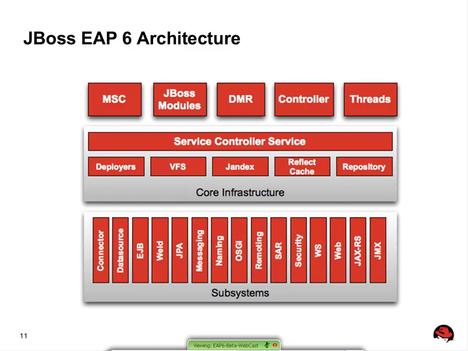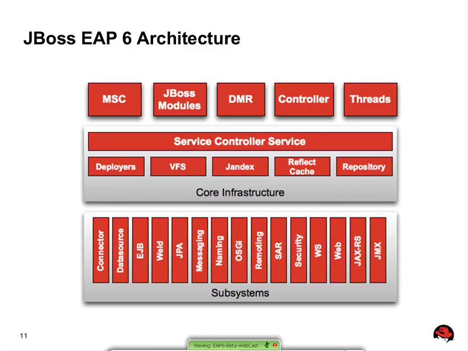We have a new module system, JBoss Modules, which is a very, very powerful non-hierarchical module system. It provides extremely good isolation for applications. It allows you to do things other vendors can't do in terms of isolating applications, including dependencies in applications, without the usual resource clashes.